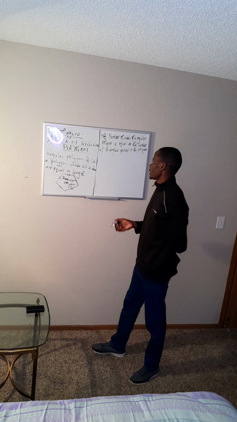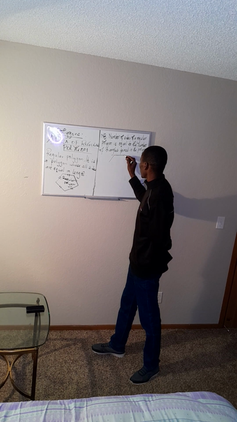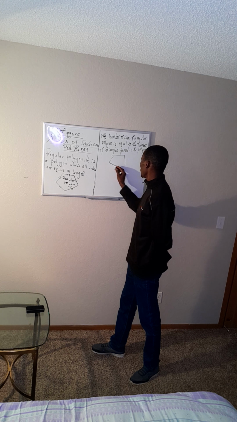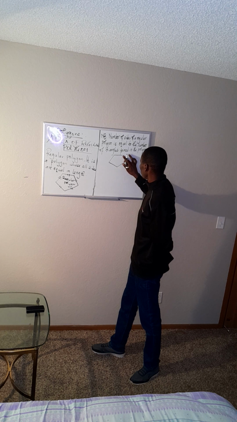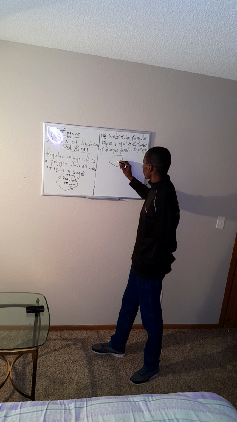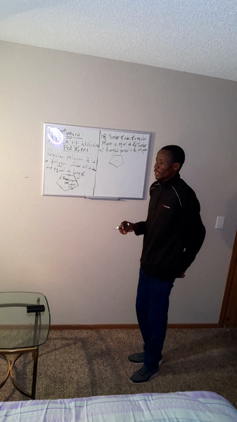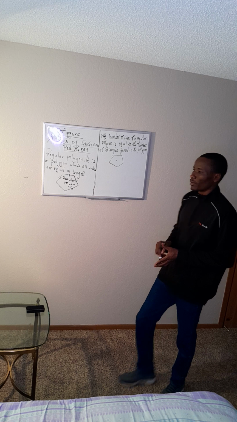So for instance, if I was to try and sketch a pentagon like that, so this is the center of the pentagon, then I want to come up with the number of triangles inside that particular pentagon.